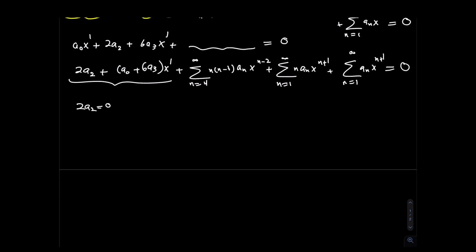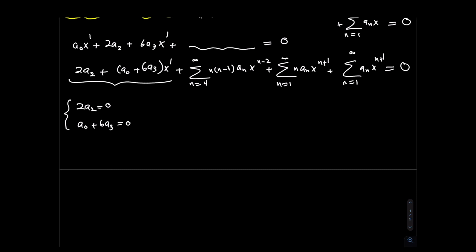Has to be, if the whole thing has to be 0, even if the power series are all 0, and even if the x to the power of 1 term is 0, it doesn't matter. In order for this thing to be 0, 2a2 has to be 0. So also, a naught plus 6a3 has to be 0. Same reason. Because even if everything else is 0, if that's not 0, it won't be 0. So it has to be 0 for our sum of an x to the n to be a solution. So that must be true.